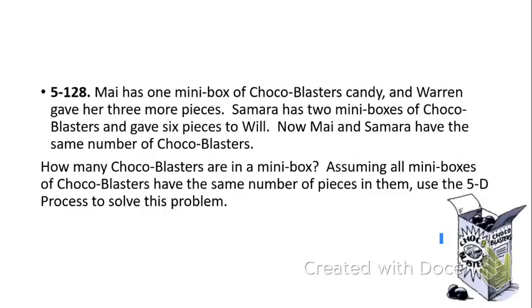Now Mai and Samara have the same number of Choco Blasters. How many Choco Blasters are in a mini box? Assuming all mini boxes of Choco Blasters have the same number of pieces in them, use the 5D process to solve this problem.